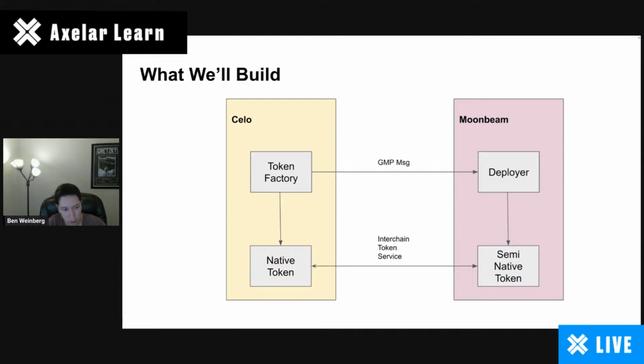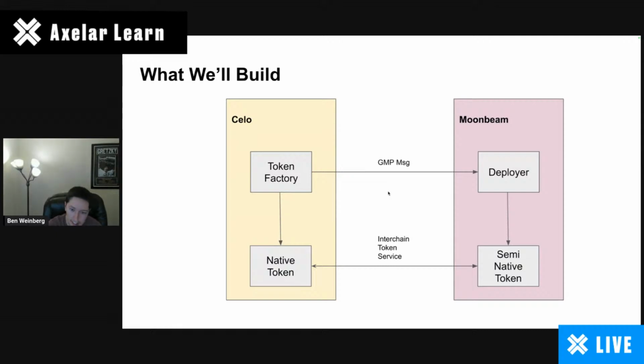Some of the real world use cases we've been seeing are situations where teams, for example in the stablecoin space, might have certain regulatory restrictions which they have to follow. In other words, you might be regulated to operate on some chains, let's say Celo in this use case, where we can use our advanced native token as it's meant to be used. But on other chains, let's say Moonbeam, you might not be regulated to fully operate there with your native token itself, but you still want to have some presence there.